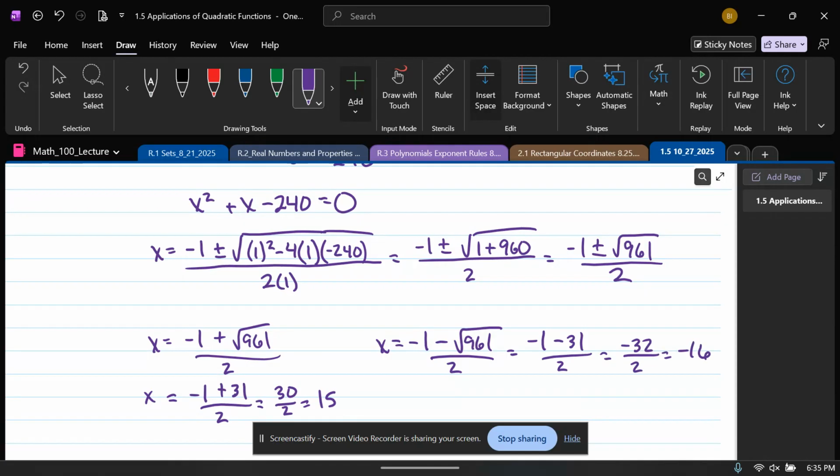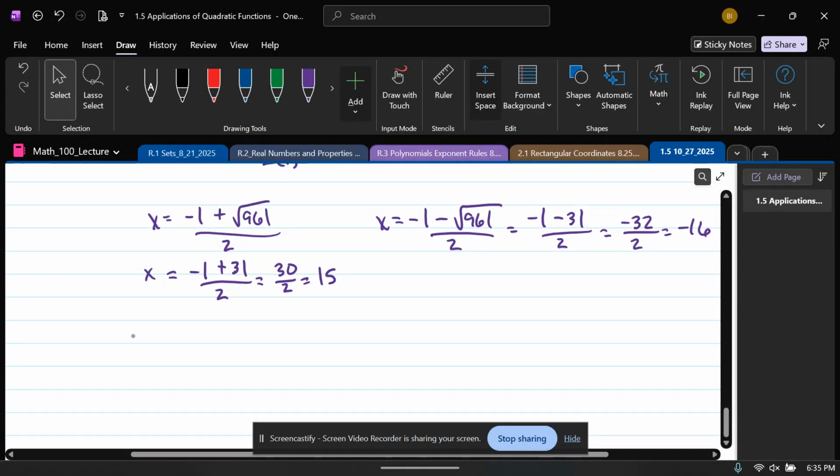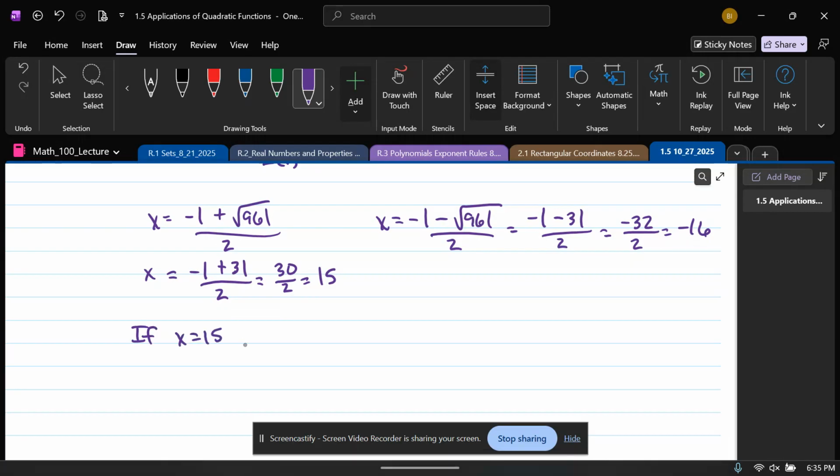I got two different answers. If x equals 15, what's the second one? The next consecutive integer would be x plus 1, which would be 16.